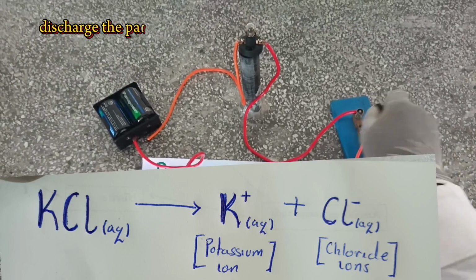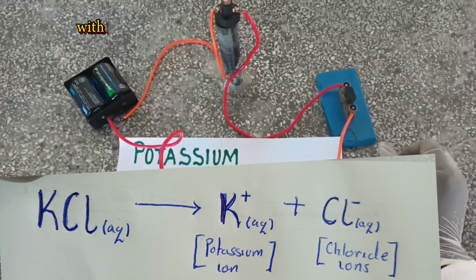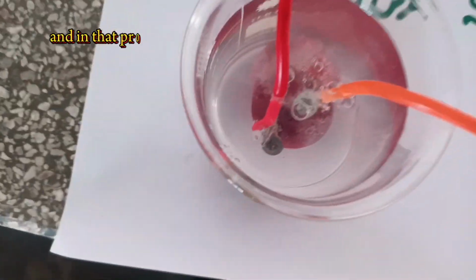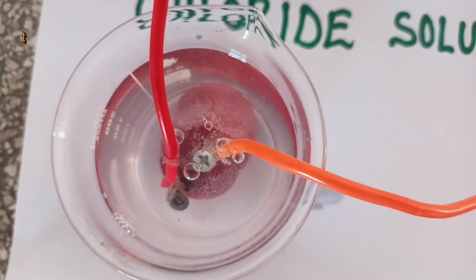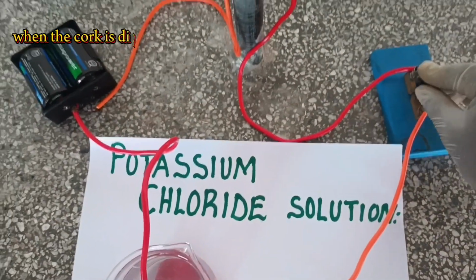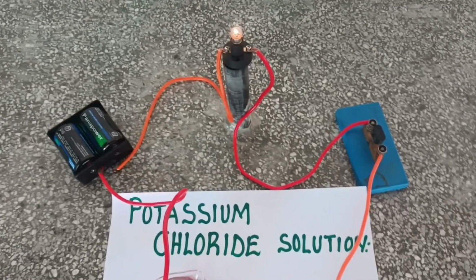These charged particles, that is, the ions, must be able to move freely within the potassium chloride solution. And in that process, they carry charges from one bolt to another. Thus, the bulb produces light when the cork is dipped into potassium chloride solution.